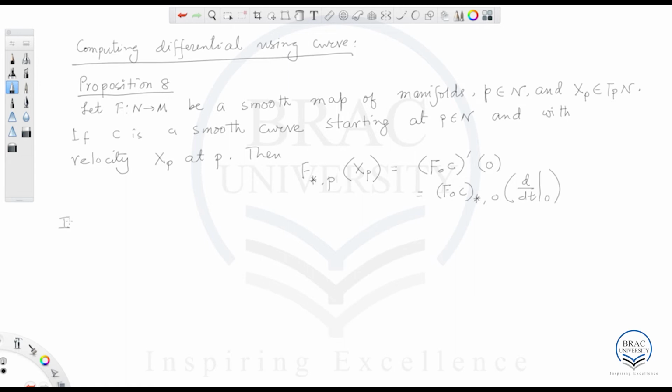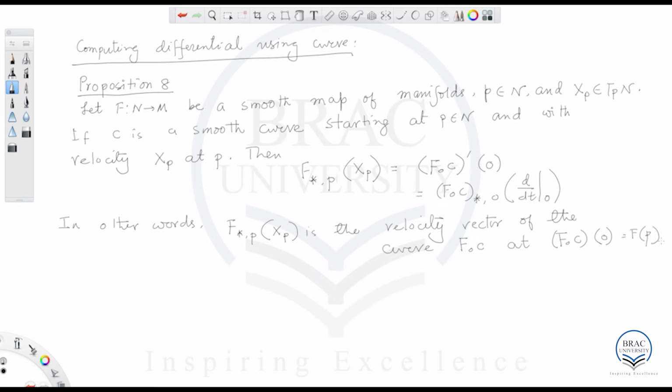In other words, f star comma p acting on x sub p is the velocity vector of the curve f composed with c at f composed with c evaluated at 0, that is f of p.